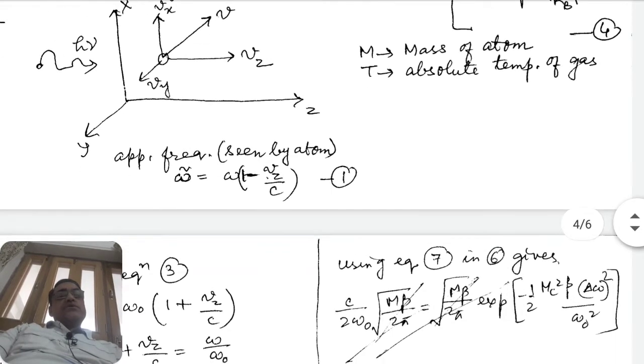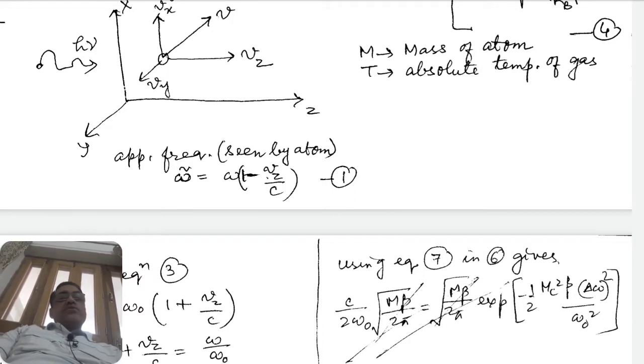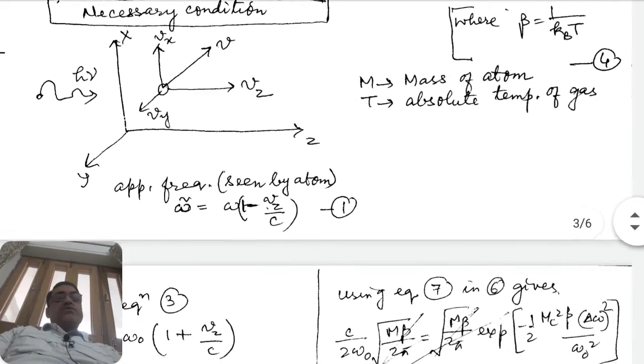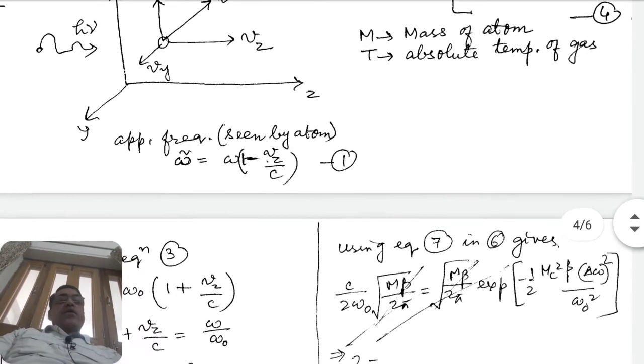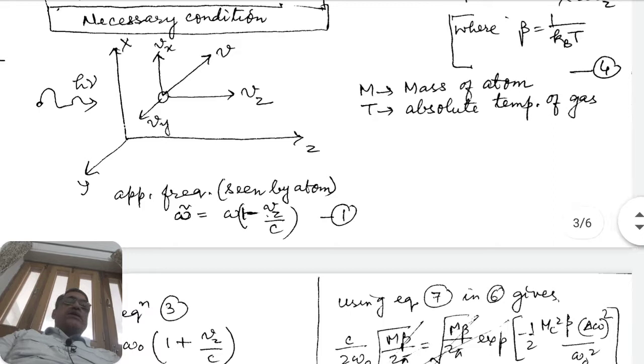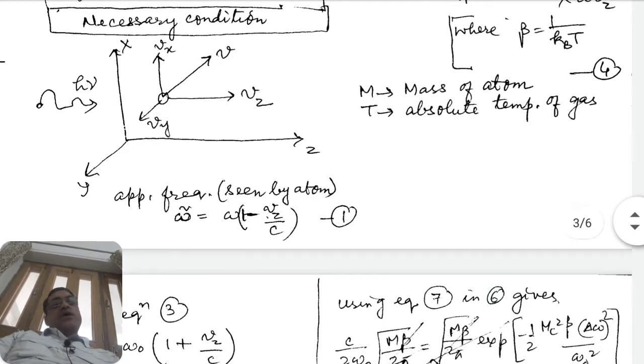One can also write this as omega naught equals omega minus omega Vz by c. So this can be easily written by using the Doppler effect, because c is the velocity of light in vacuum, or the velocity of the incident radiation, and Vz is the velocity of the atom.